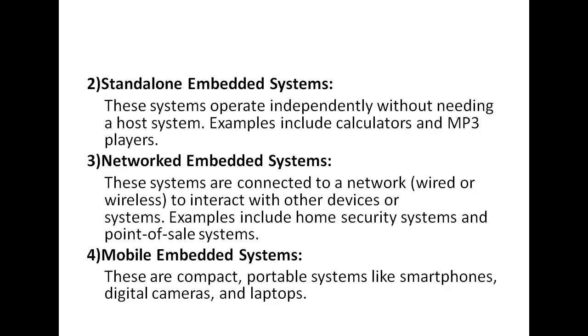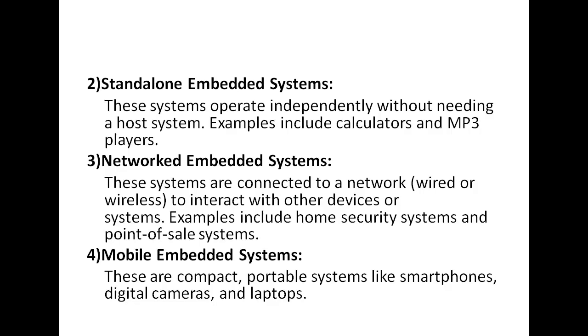Next one is the network embedded system, meaning appliances and devices we use for communication systems and networking. These systems are connected to a network, whether wired or wireless, to connect with other devices or systems.